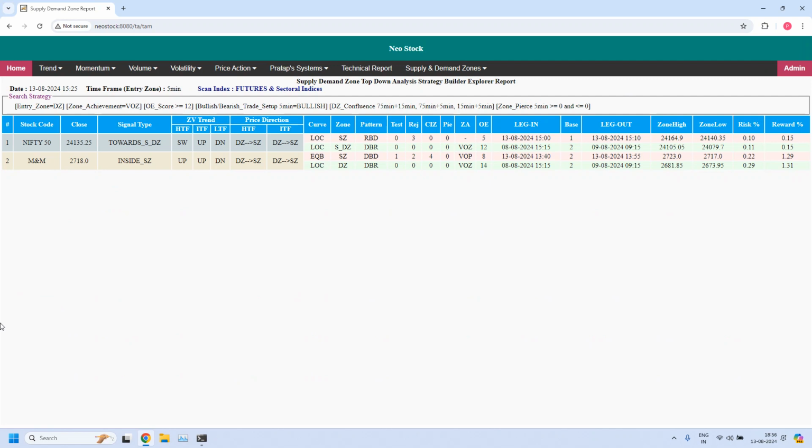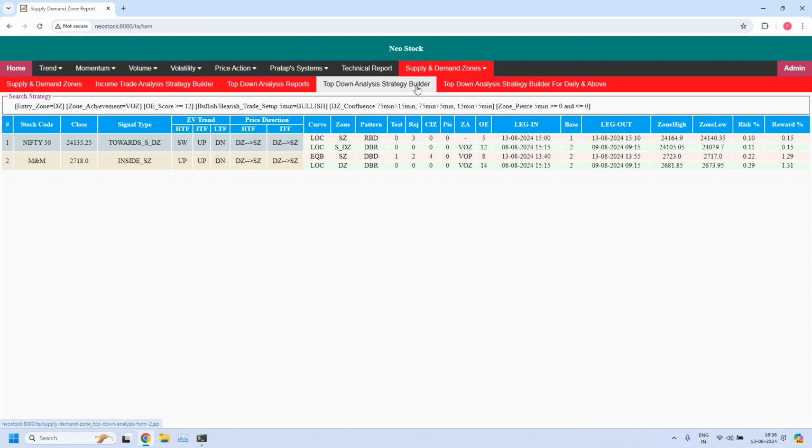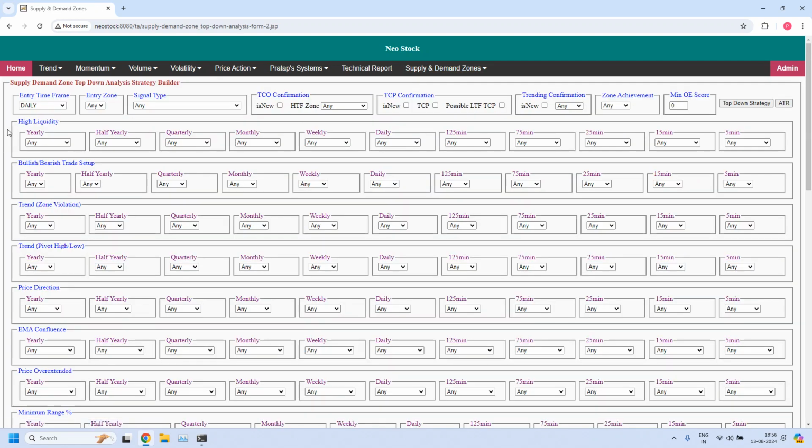So 2 stocks are filtered. Even Nifty 50 is having confluence with 75. So probably if this 5 minutes supply zone is violated, probably may get more reward, more return.